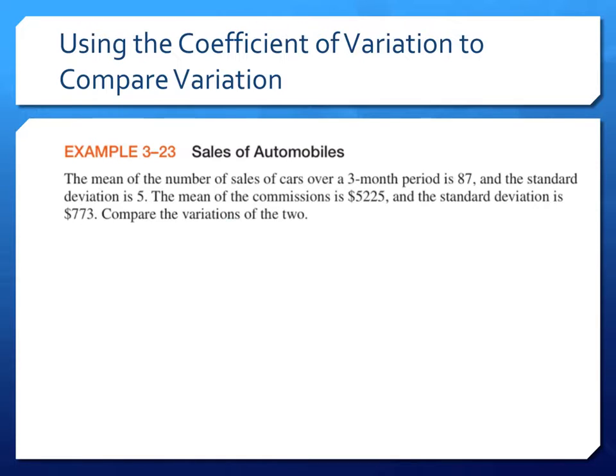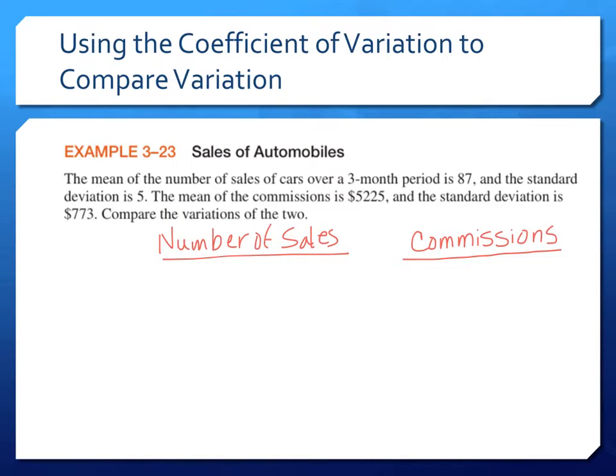So here's our two calculations. So we've got number of sales and commissions. Remember, CVAR equals the standard deviation divided by the mean times 100. So here's what we've got. Standard deviation is 5. The mean is 87 times 100. This equals 5.7. Okay, we'll do the commissions. So once again, same formula.